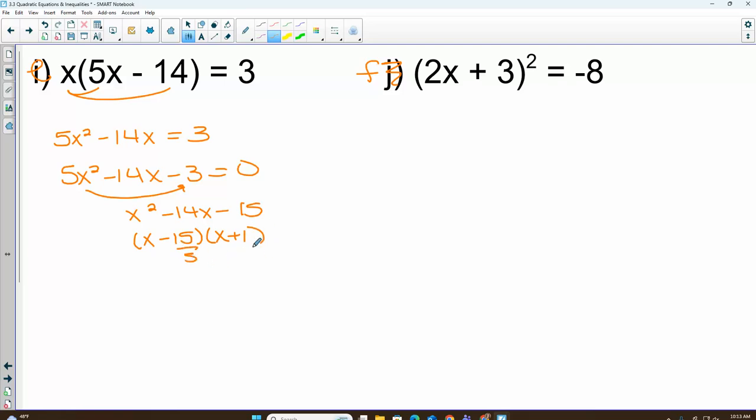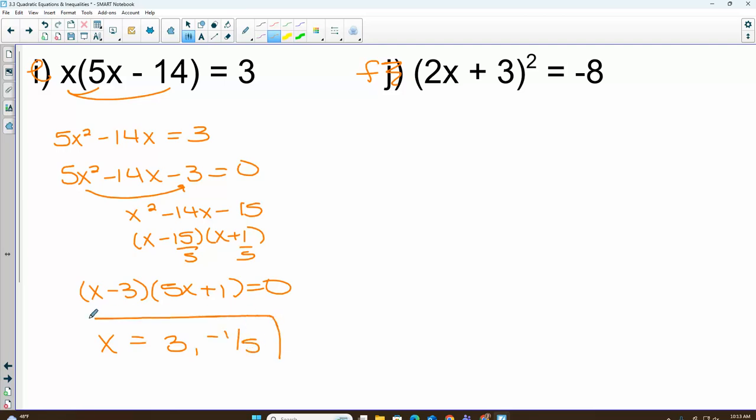Divide our 5 back. 3x minus 3. 5x plus 1 equals 0. If we set each of those to 0, what does that give me? 3 and negative 1.